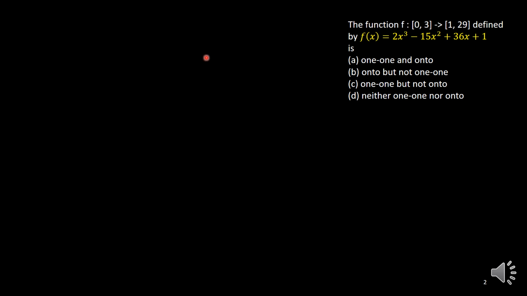Now to discuss this, we need to understand what is a 1-1 function and what is onto. These two concepts are important: 1-1 and onto. What is the meaning of these two? So, function f of x. From x, we will define one function, and the function value is f of x.